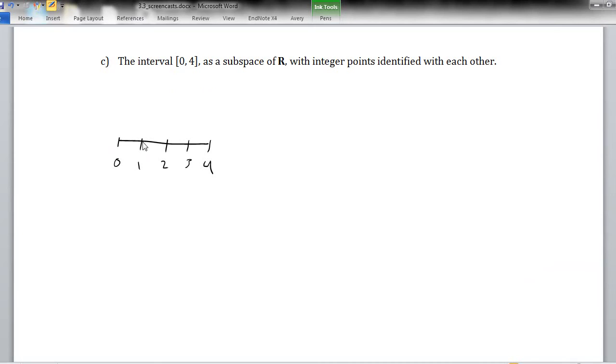And we're identifying the integer points, so we've got 5 of those. Again, that's going to be one equivalence class, and the other equivalence classes are just each of these individual numbers which are not integers.